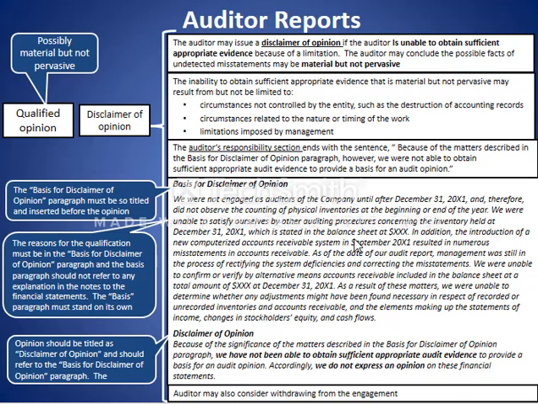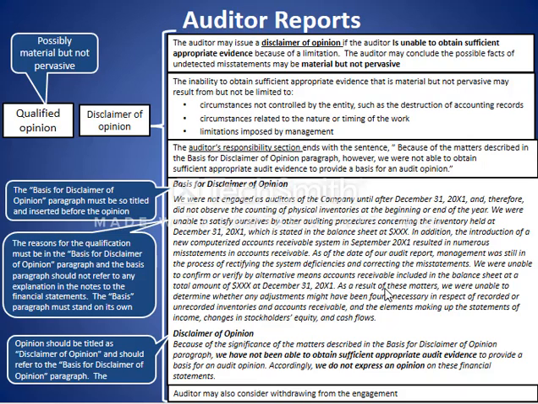In addition, the introduction of a new computerized accounts receivable system in the year that we audited the company resulted in numerous misstatements in accounts receivable. As of the date of our audit report, management was still in the process of rectifying the system deficiencies and correcting the misstatements. We were unable to confirm or verify by alternate means accounts receivable, including the balance sheet at a total of so much at the end of the year.